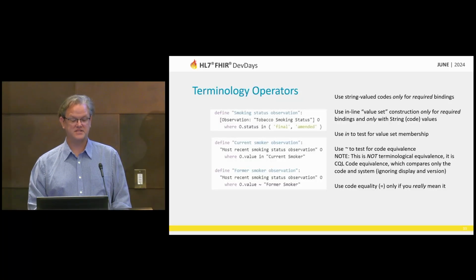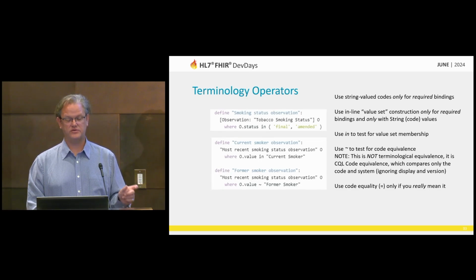Use inline value set only for required bindings and only with string codes. So I can say o.status equals final, or I can say o.status is in that list. So these braces are list selectors. Use in to test for value set membership. So I can say where the value is in current smoker. So, most recent smoking status observation. This value is expected to be a code, and this current smoker is a value set, and that will be a value set membership test.